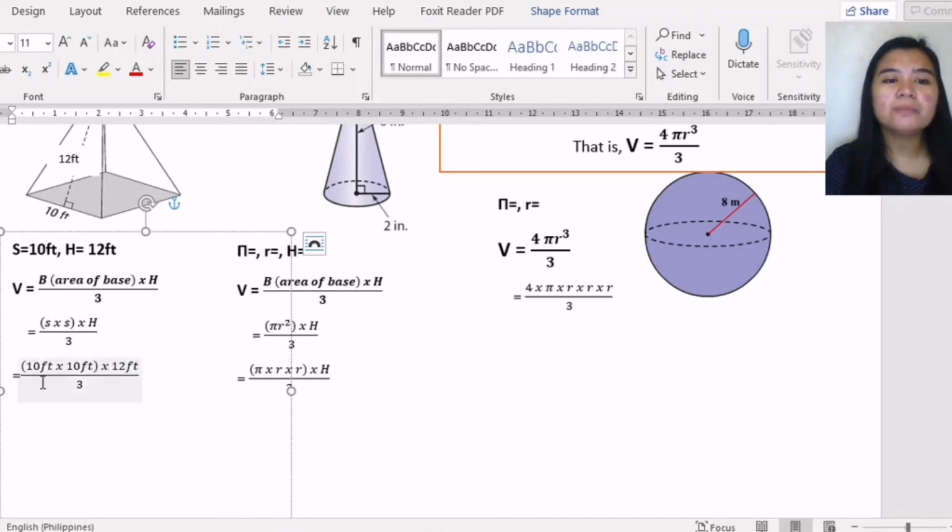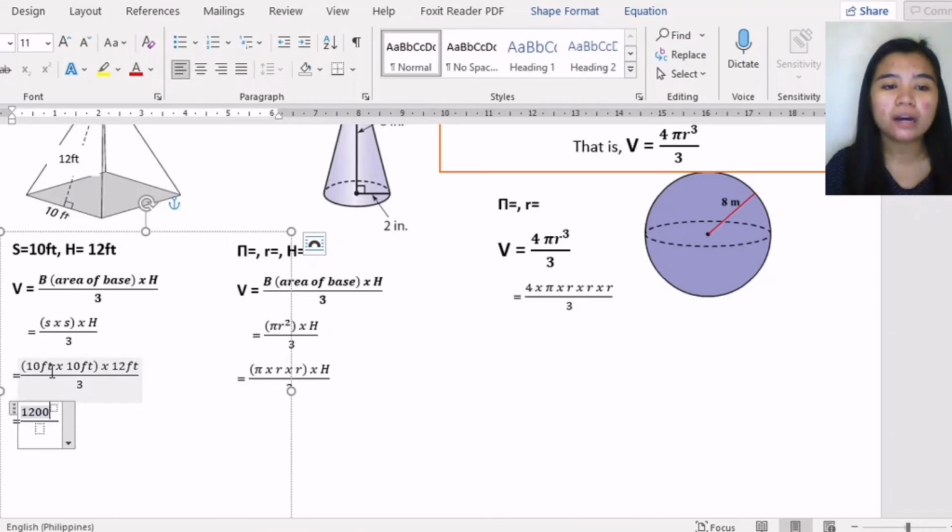So, let's multiply. So, 10 feet times 10 feet and then times 12 feet divided by 3. So, we're just going to multiply the 3 and then divide it by 3. Let's write equal. If we are going to multiply the 3, that is 10 times 10, which is 100, and then 100 times 12, that is 1,200.